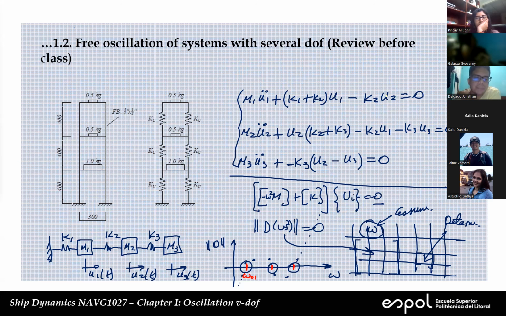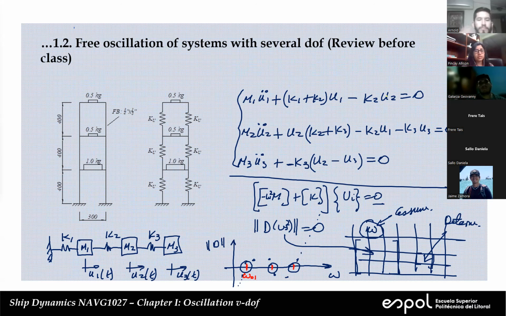But in general, in the first equation, that's the equation for U1, but you have U2 in there, so the two are connected. In the second, you have the 3 degrees of freedom. What I'm saying is that you cannot solve U1 independent of U2, independent of U3. You have to solve the system as a whole.